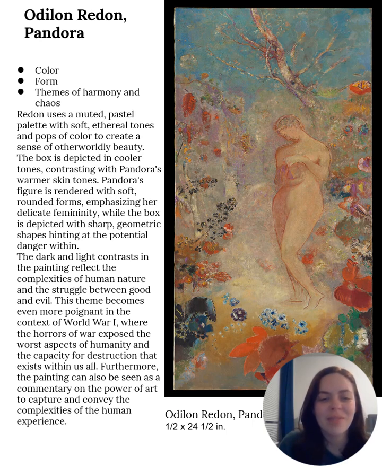This is my favorite work of art that I featured in my composition here. So this is Odilon Redon's Pandora, and it's kind of funny how I found this painting.